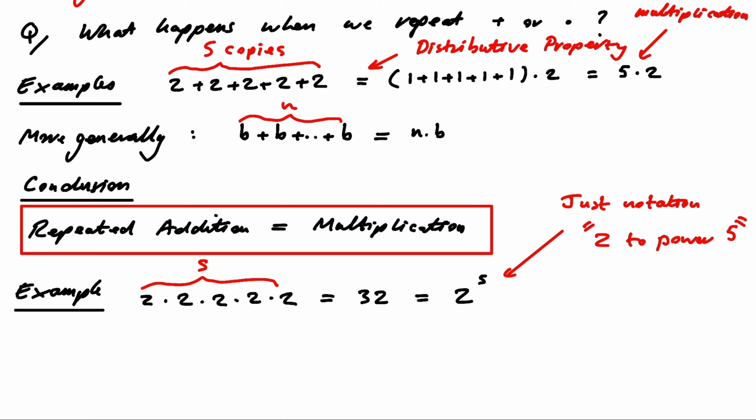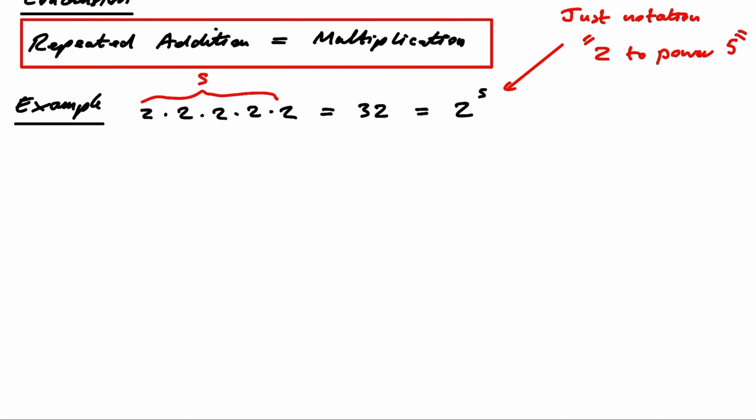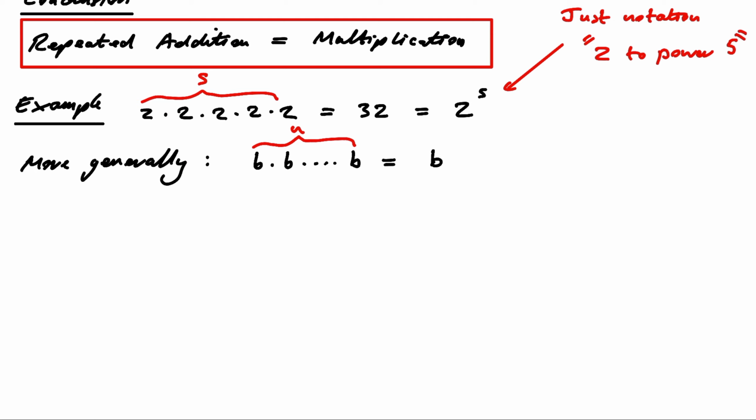Okay, so more generally, what's the story? Well, generally if I was to do b multiplied by itself, let's say n times, well, who knows what that number actually is, but there's a piece of notation I'm going to use to describe it. I'll do it as b and then a superscript n.